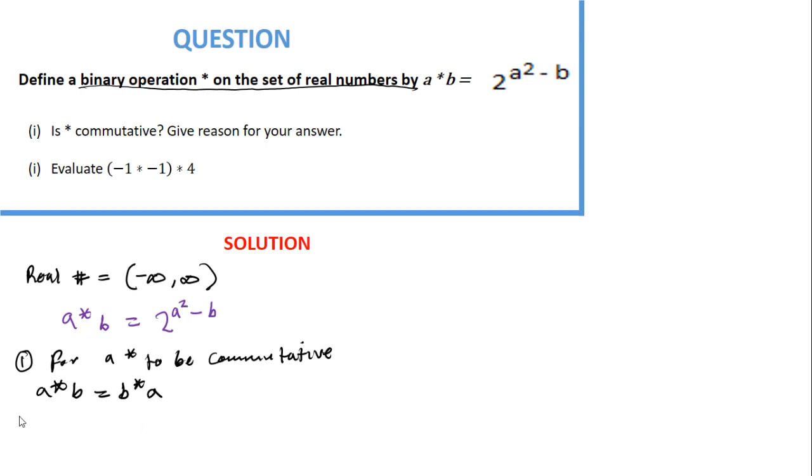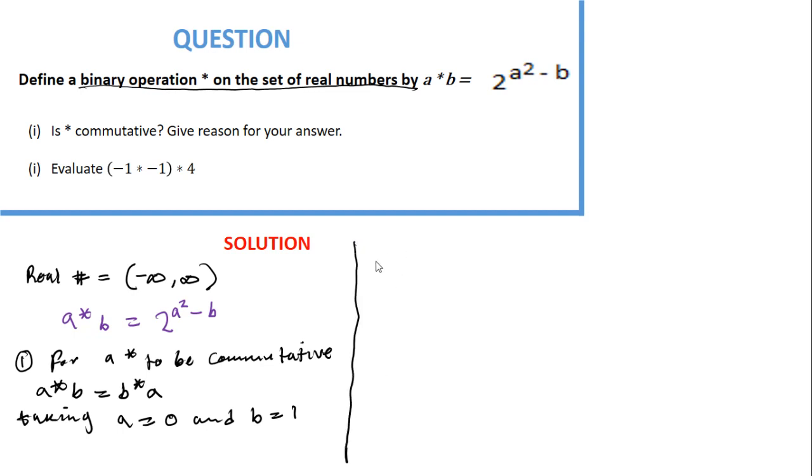In my case, I'm taking a to be equal to 0 and b to be equal to 1.